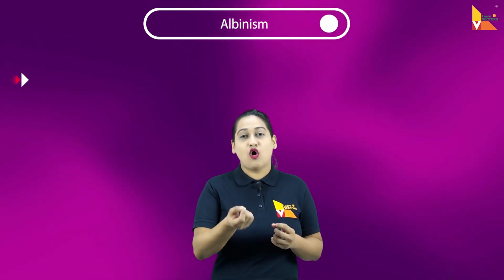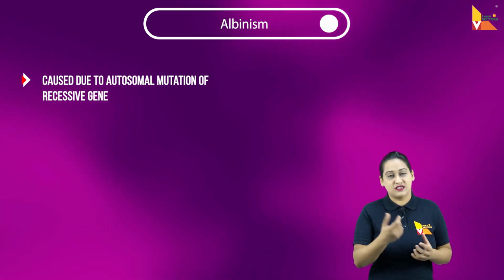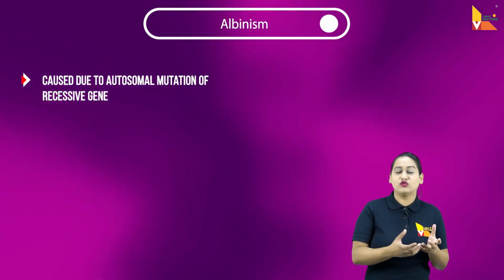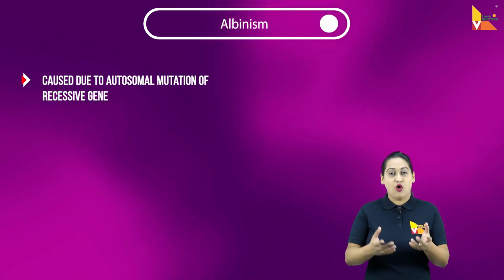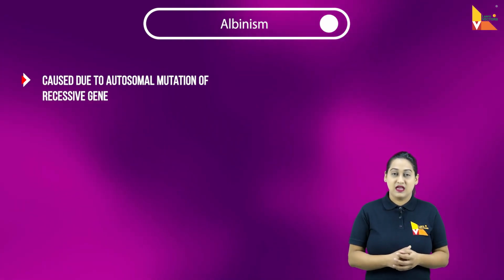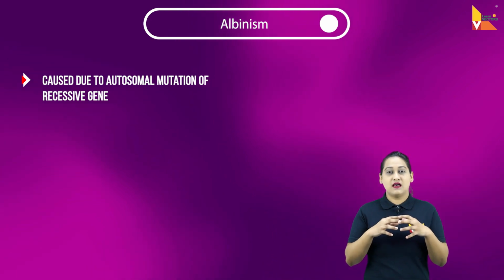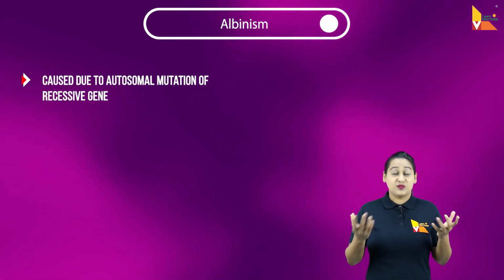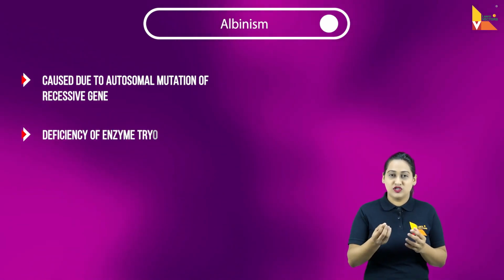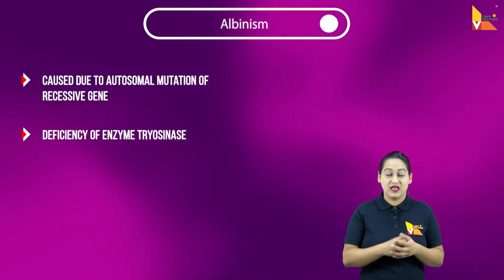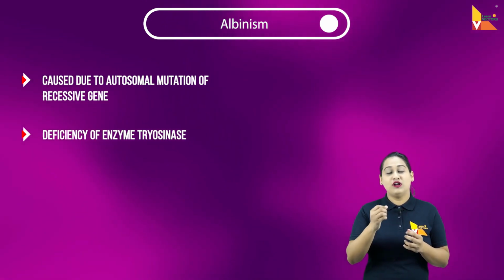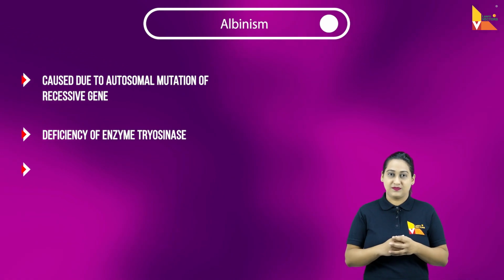The next one is albinism. Albinism is caused due to a recessive gene. It's an autosomal mutation of the recessive gene. Now, this recessive gene is basically expressing due to the deficiency of an enzyme which is called tyrosinase.